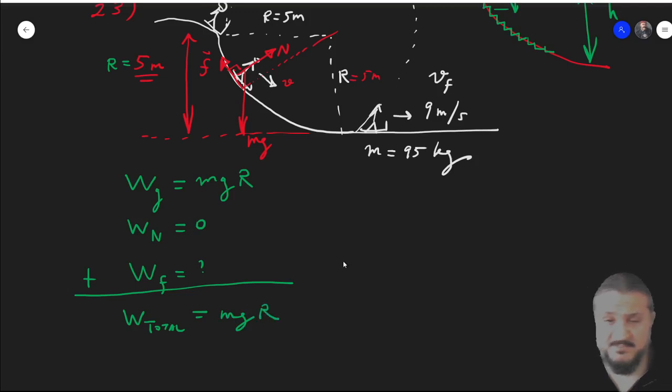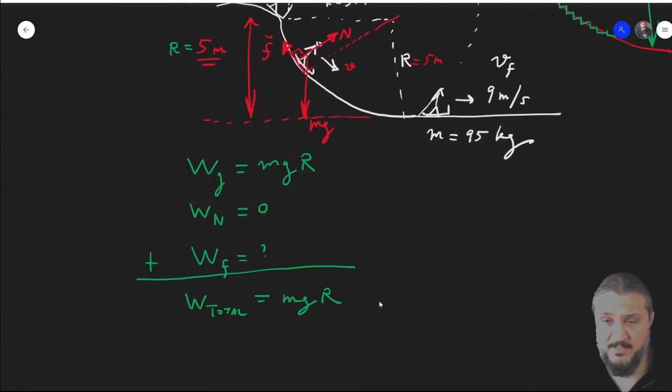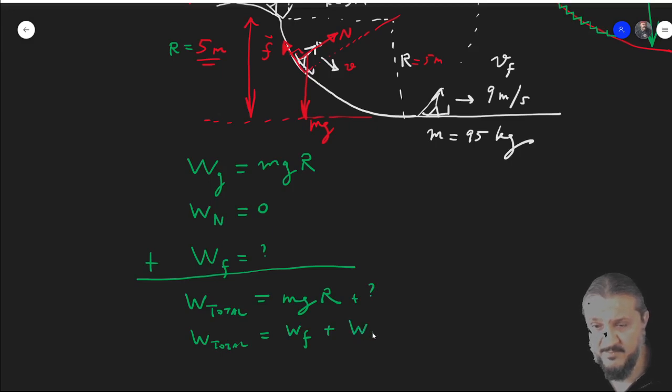Okay, so the total work is equal to work of friction plus work of gravity, work done by gravity.